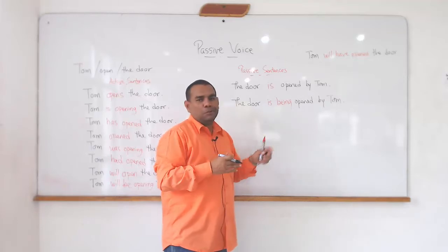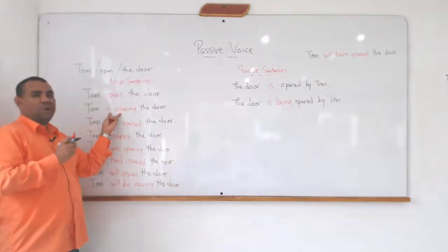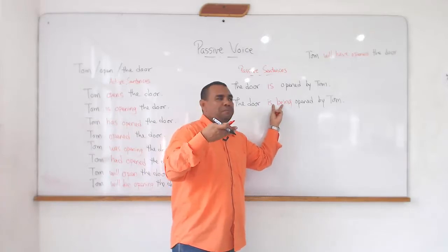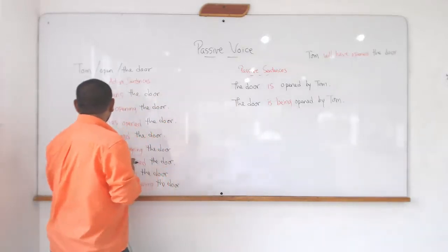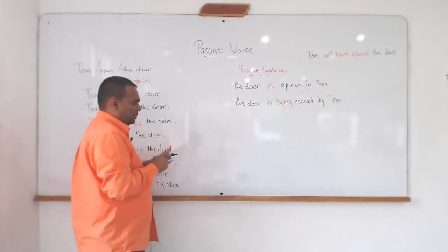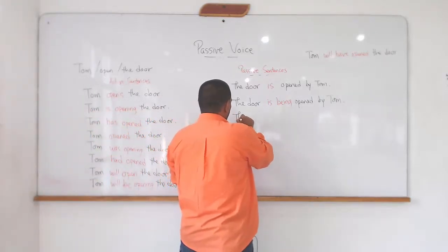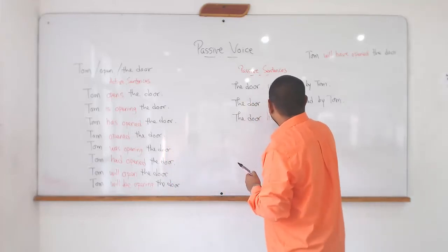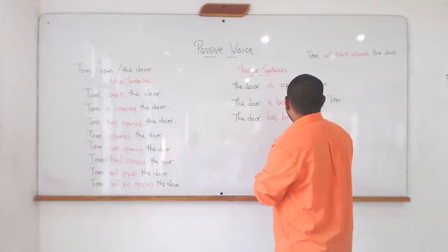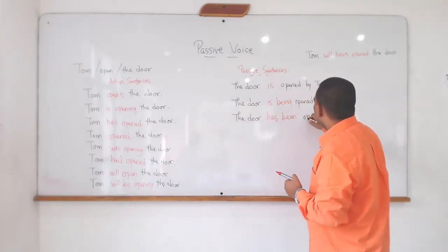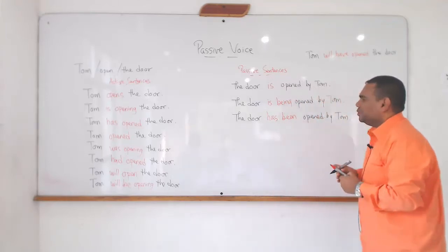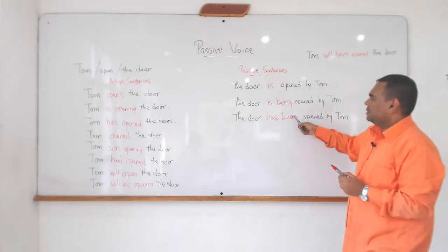The door is being opened by Tom. Two words in this section, and two words constitute the central part in this section too. Now, Tom has opened the door, and this is how it goes. The door has been opened by Tom.